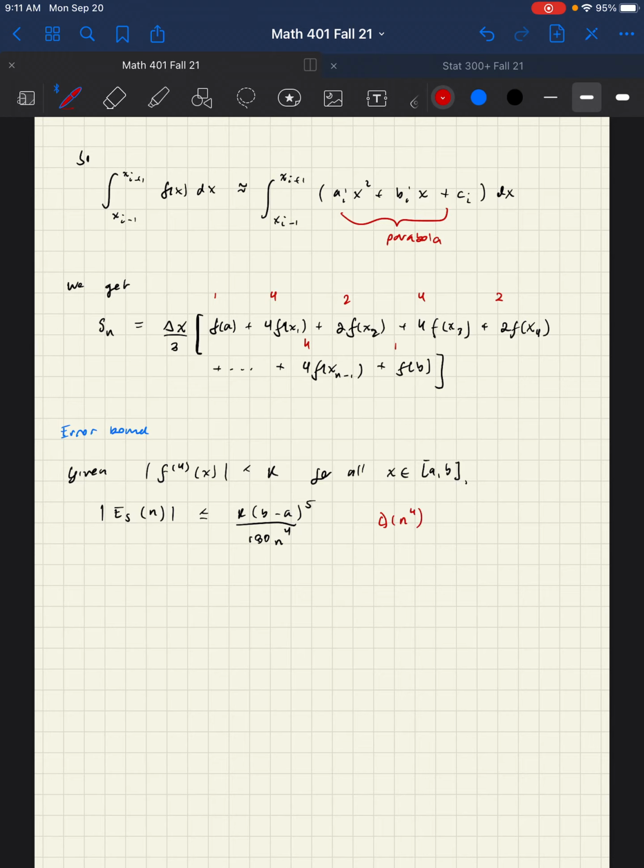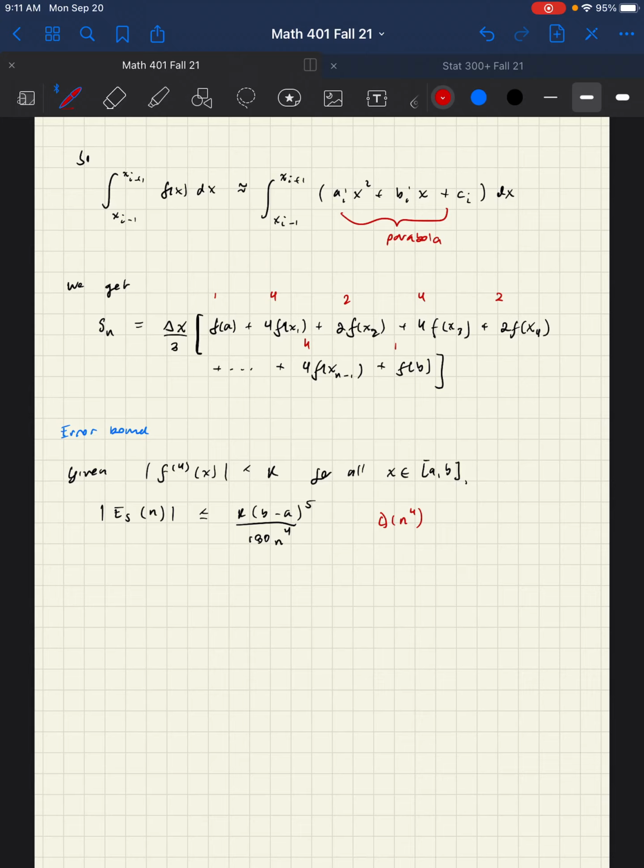So wow, that's a lot, right? This means this is on the order of n to the 4th. The error shrinks as quickly as n to the 4th.